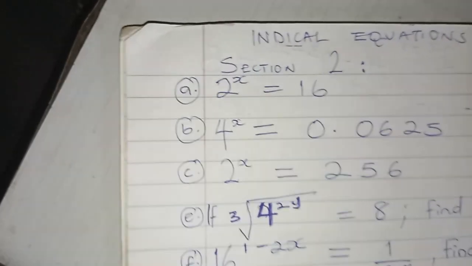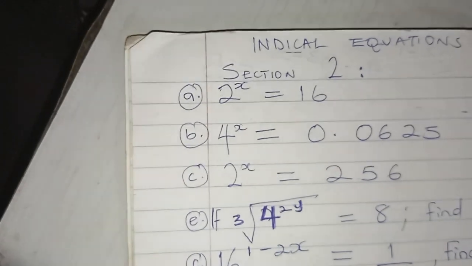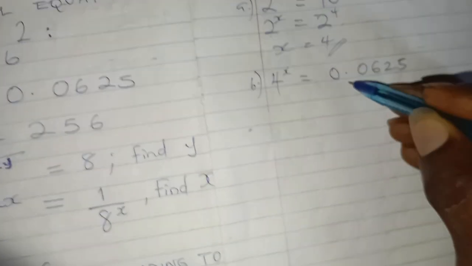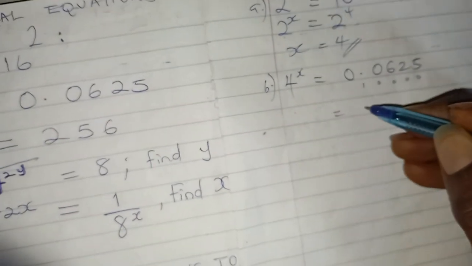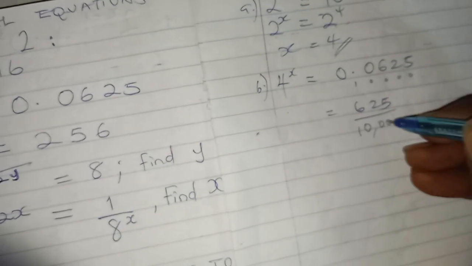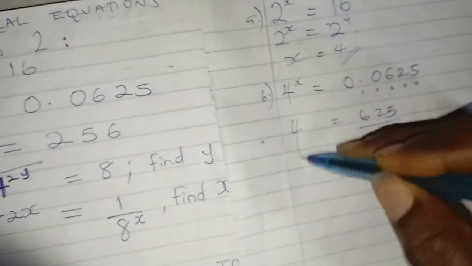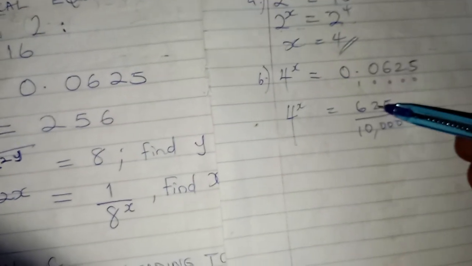4 raised to power x is equals to 0.0625. And we know that this is the same thing as saying 625 over 10,000 is equals to 4 raised to power x. We need to ask ourselves, is there any way we can make everything here reducible to this base?